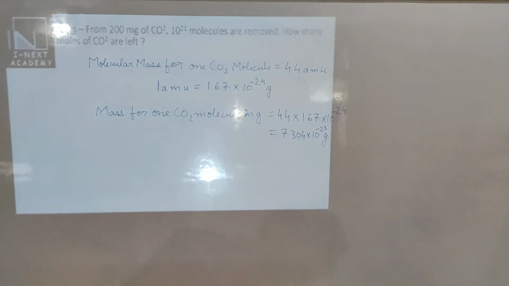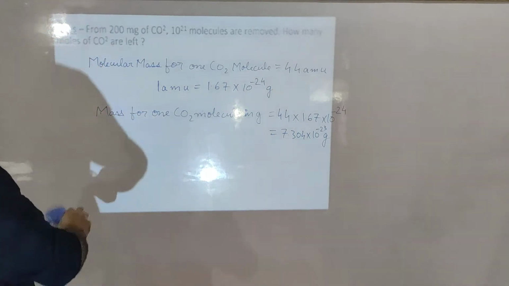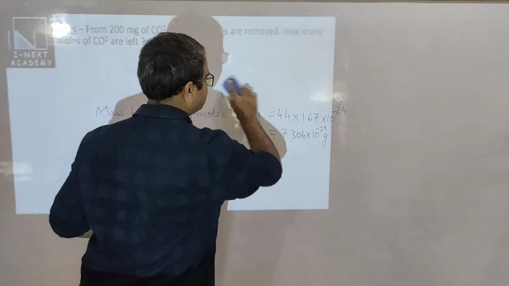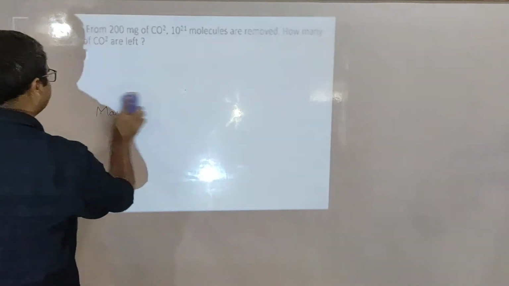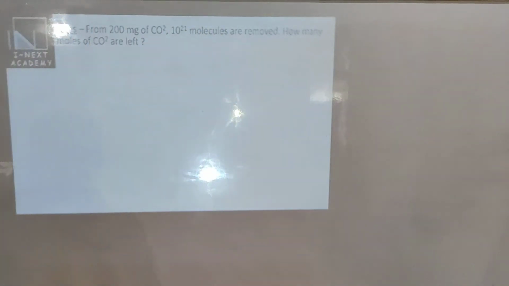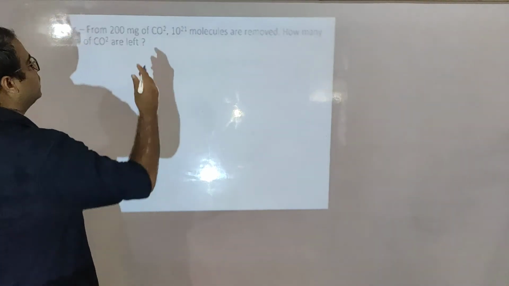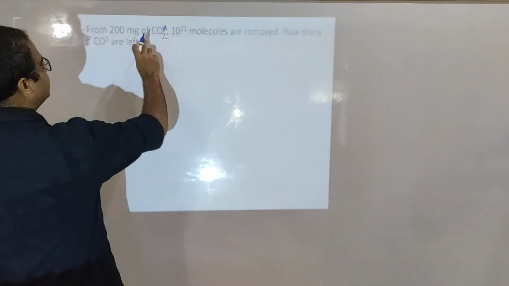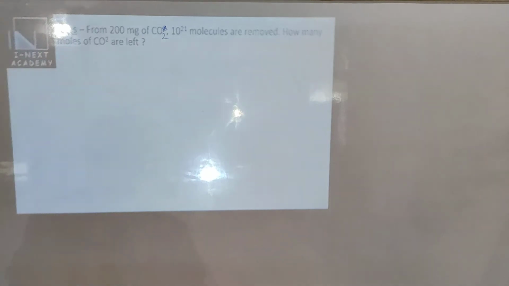Okay, now we will see the next question. The next question is given like this. From 200 mg of, here one mistake is there, we correct it. This is CO2. 200 mg of CO2.